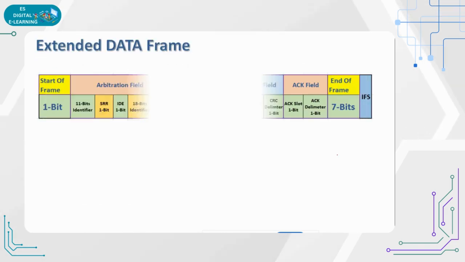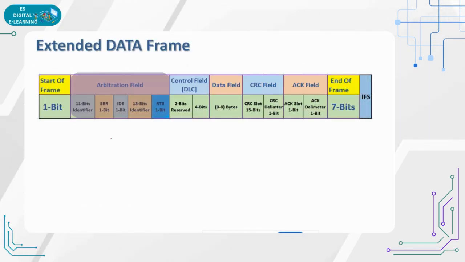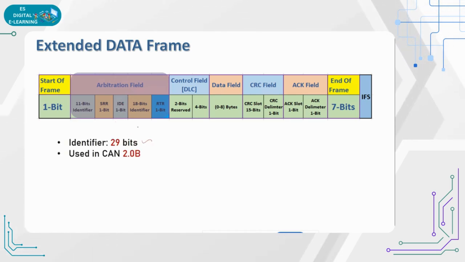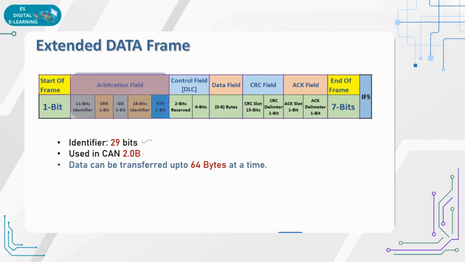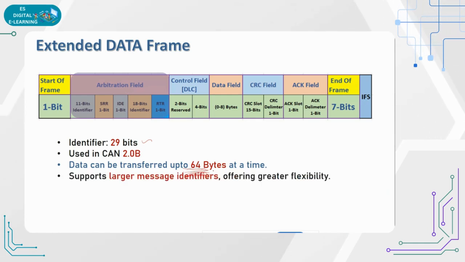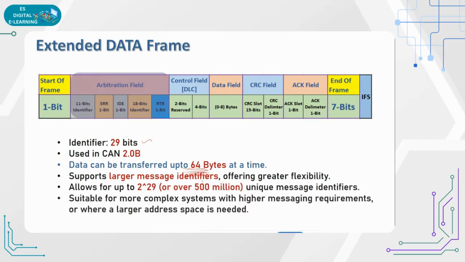Next we have the extended frame. The only difference is in the arbitration field. The identifier is 29 bits, and it is CAN 2.0B. We can transfer up to 64 bytes of data at a time. It is used for larger identification numbers.